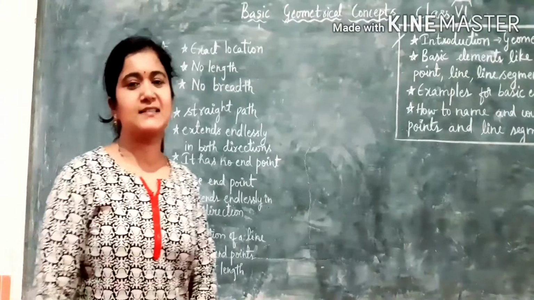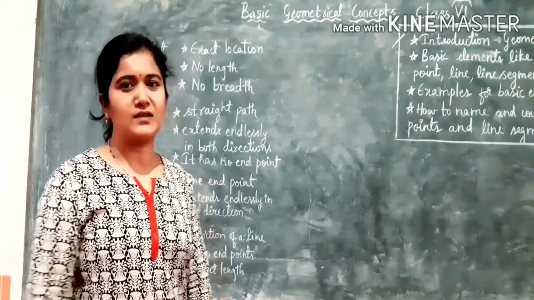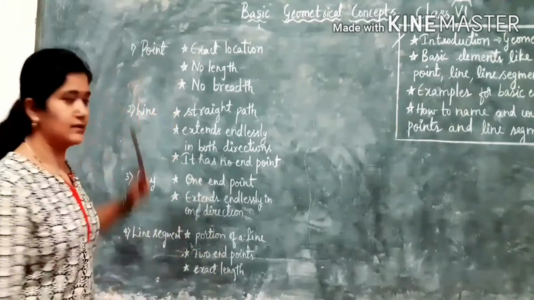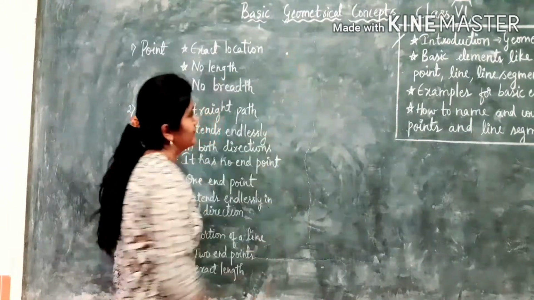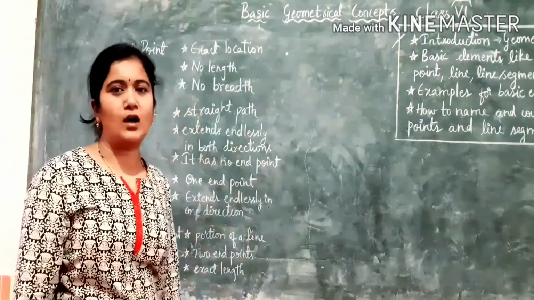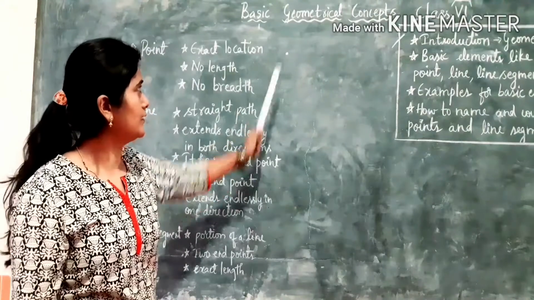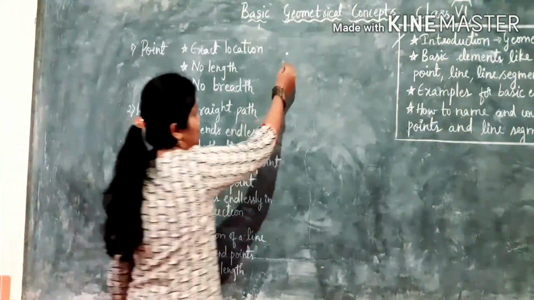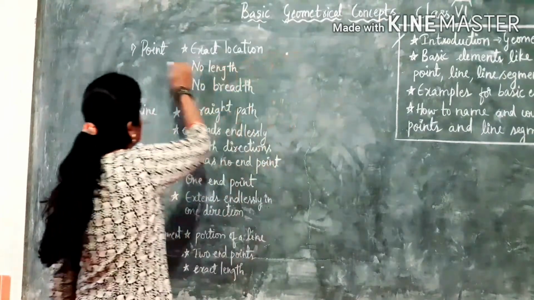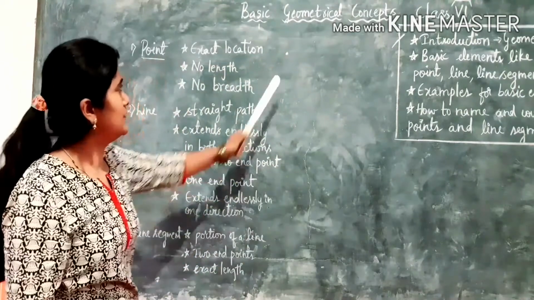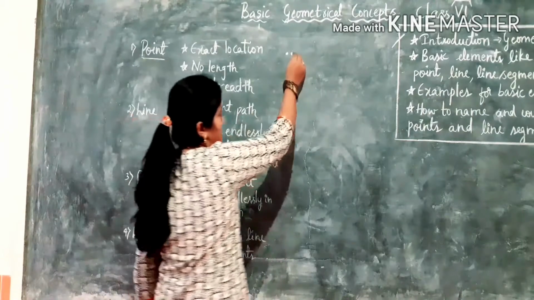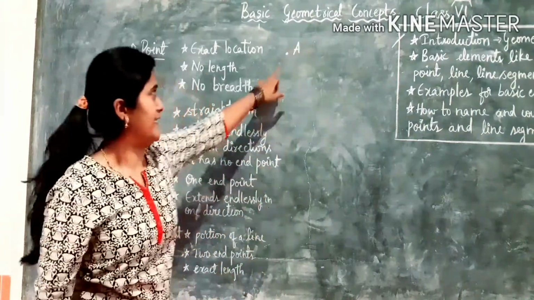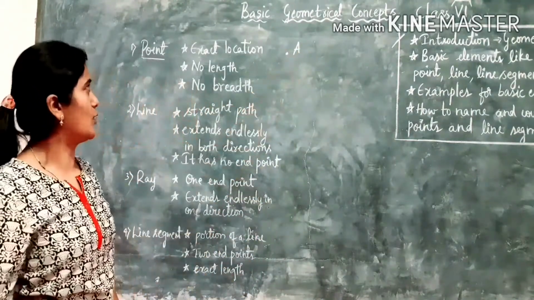Children, let us start with the basic concepts, that is point. So here, can you see the dot on the blackboard? Yes, this dot in geometry is called as a point. So this point can be represented by the capital letter point A. So what are the properties of a point here?